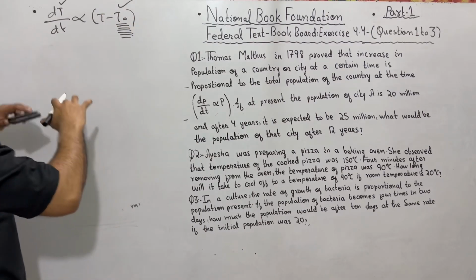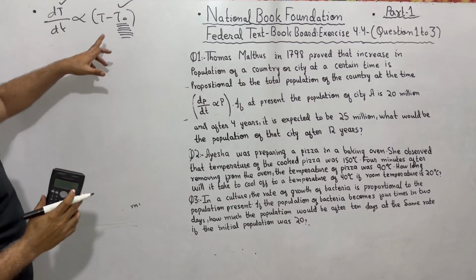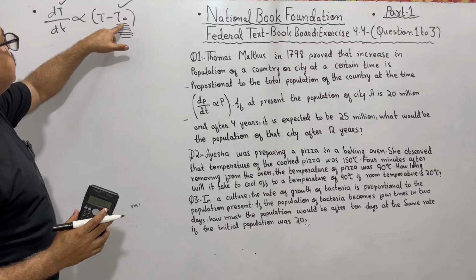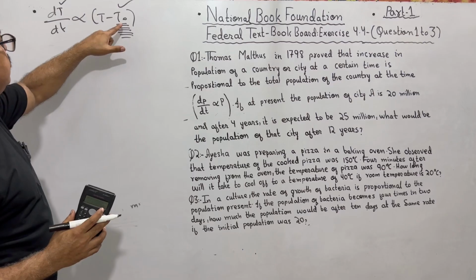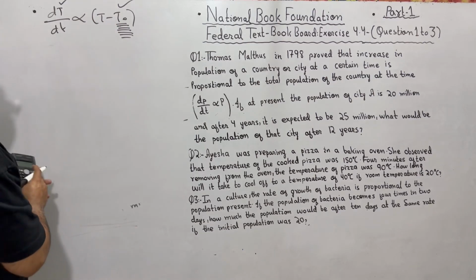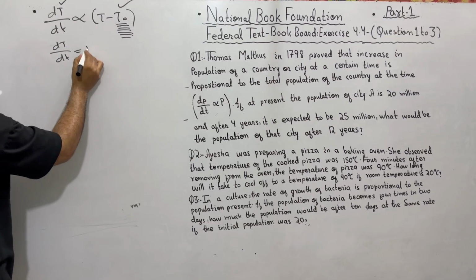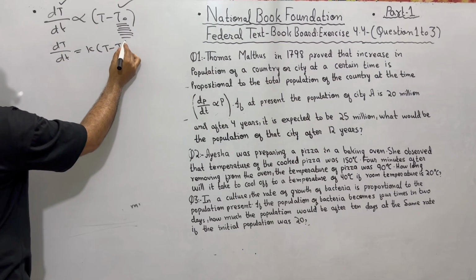We are dealing with a situation in an area where the temperature over the period of time remains fixed. It is our base temperature. Take care of this thing. The rest is easy. We get rid of the proportional symbol: dT/dt is k times (T minus T naught), then solve.